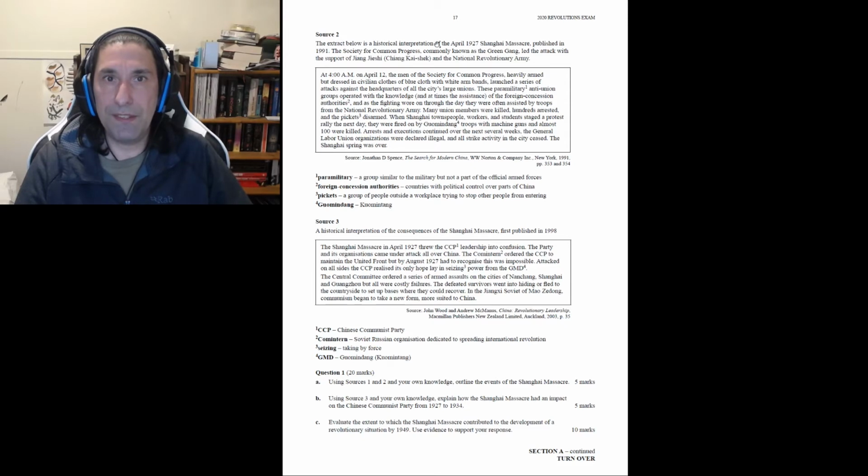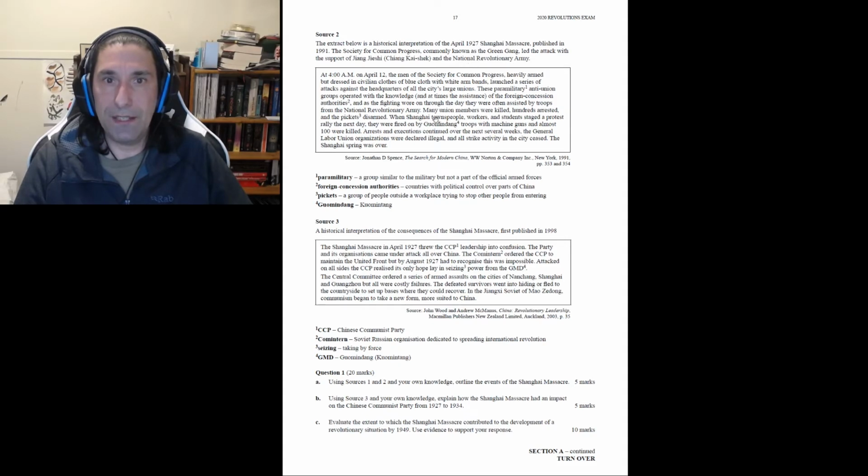The extract below is a historical interpretation of the April 1927 Shanghai Massacre, published in 1991. The Society for Common Progress, commonly known as the Green Gang, led the attack with the support of Jiang Jieshi, Chiang Kai-shek, the Wade-Giles version of his name, and the National Revolutionary Army, and that's just another name for the Kuomintang.